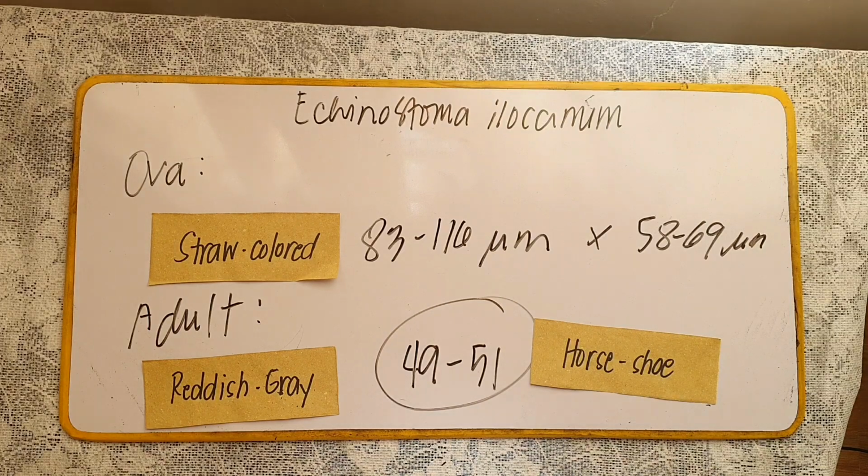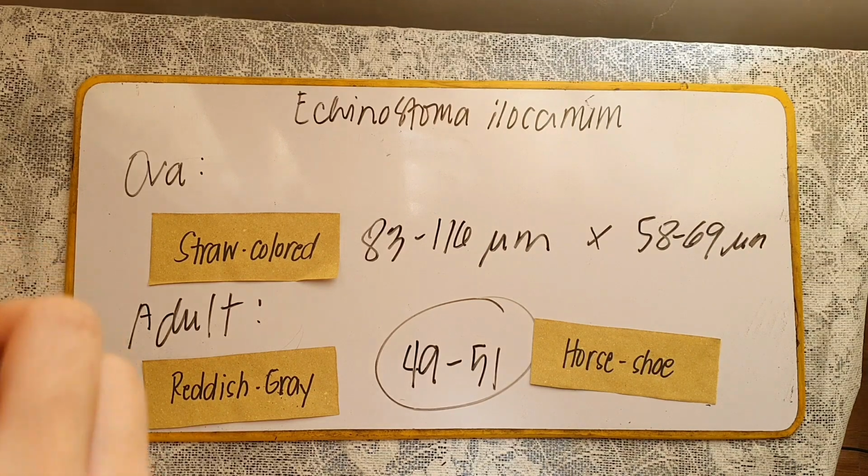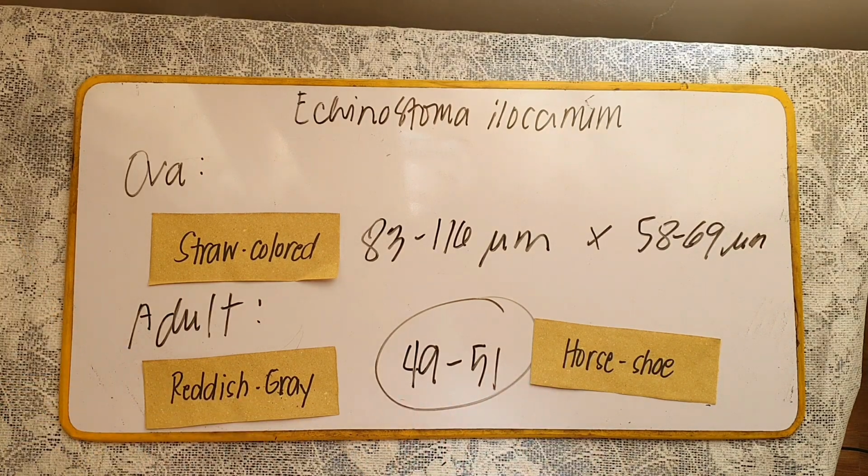The 2 testes are bilobed, arranged in tandem at the 3rd quarter of the body. I believe that is in your handout. And then the ovary is globular in shape, located just in front of the anterior testis.